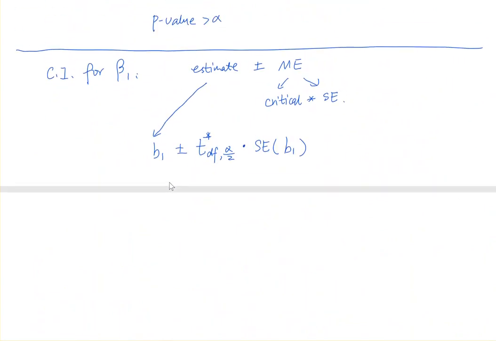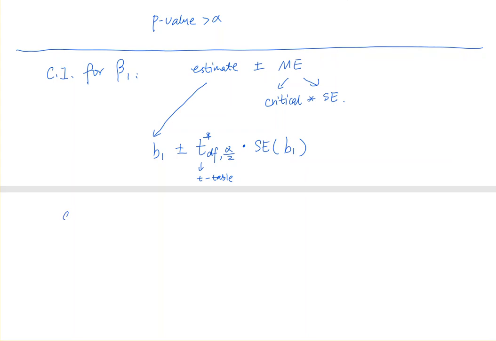All right. Okay, so this is the confidence interval for beta 1. The calculation is easy, right? Here you still need to look at your t table and then find the t star. But I think you are familiar with that. The problem is how you interpret this confidence interval. What does that mean?